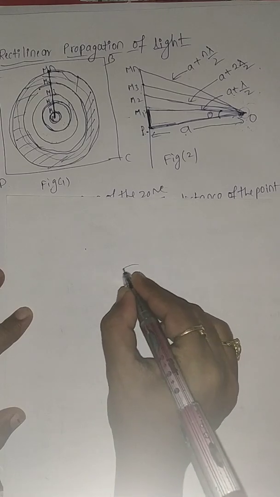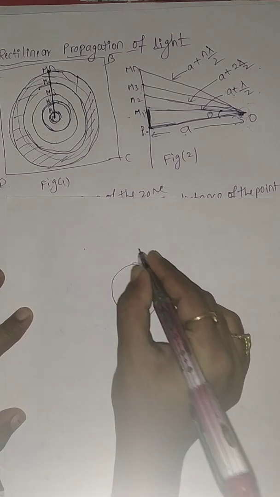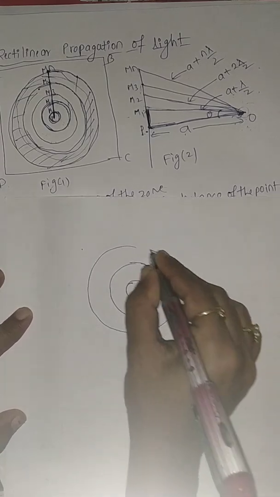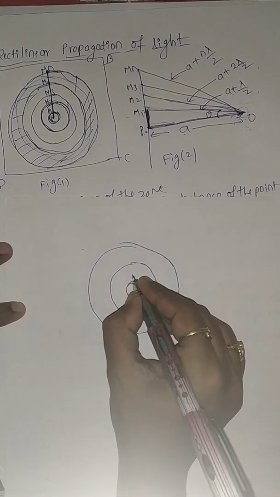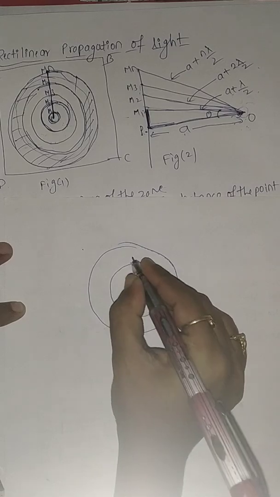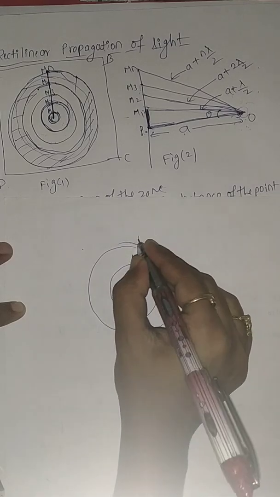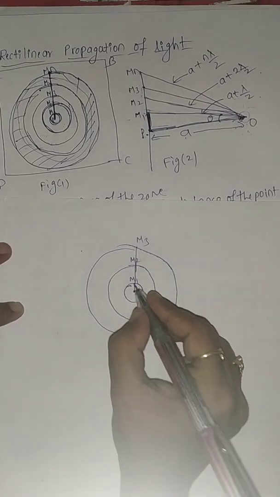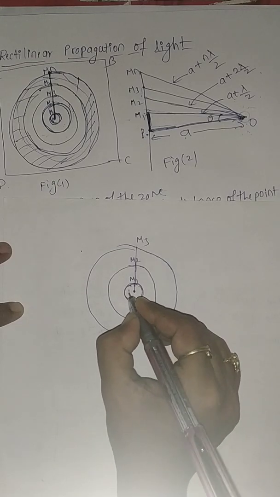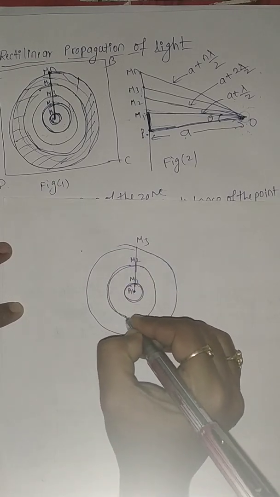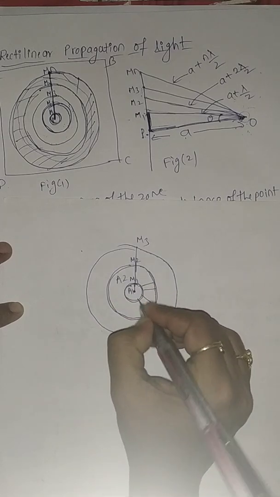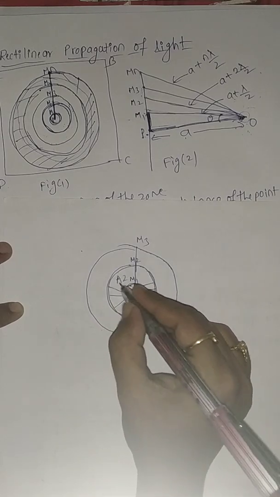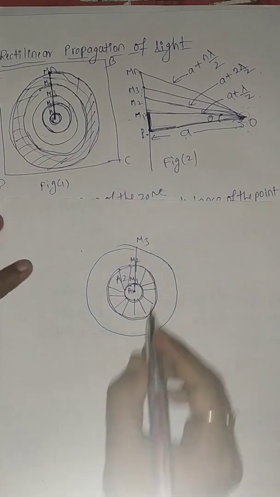This is the first zone, second zone, third zone, like that. So here points are there. This is M1. This is M2. This is M3 suppose. Then first zone, this is A1. Second zone, this one A2. Means only this part is the area. So that's what we should make.